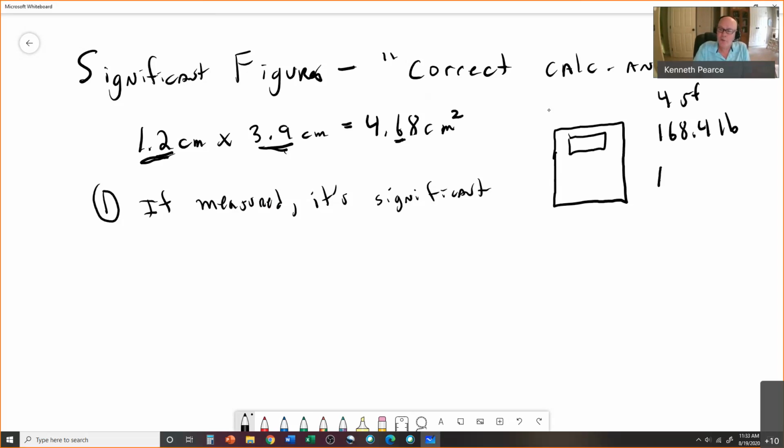And if I step on it tomorrow, and God willing, I will have lost a little bit more weight, and it's 168.0 pounds, well, it's still 4 significant figures because this scale is measuring out to that first decimal place, and I'm getting 4 digits out of it. So whatever you measure, no matter what it is, if you can measure it, it's significant.